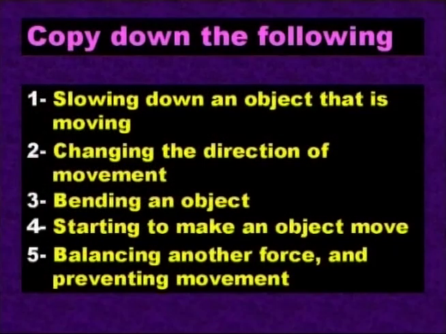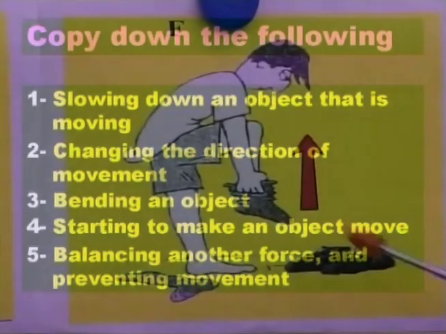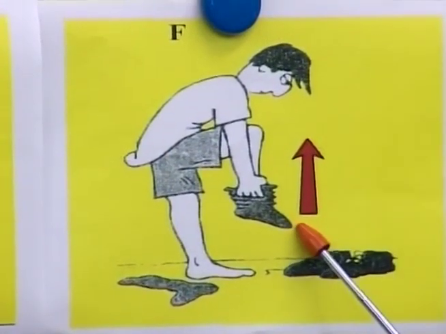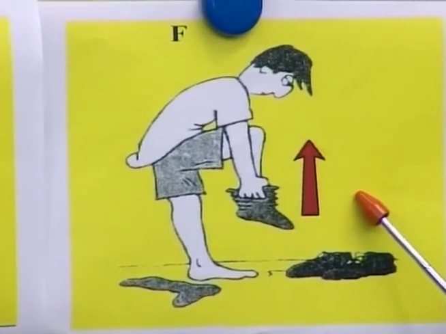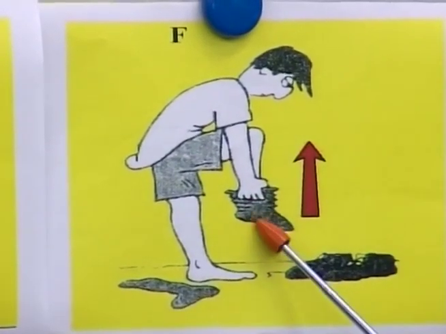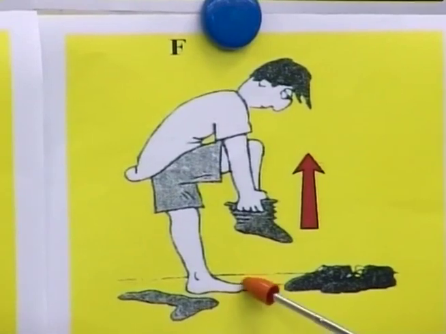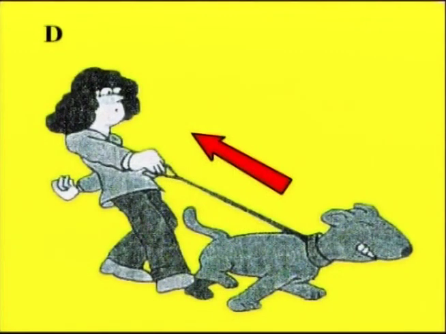Now, number 5, balancing another force and preventing movement. They think it's picture F. Right, do you think this is balancing another force and preventing movement? Okay, no. Then the correct picture would be D. D is going to be the correct one.